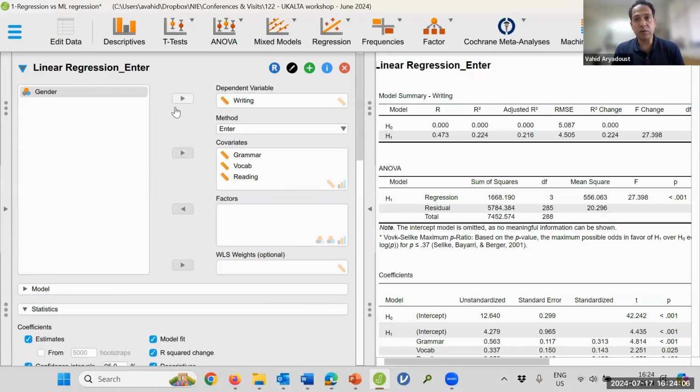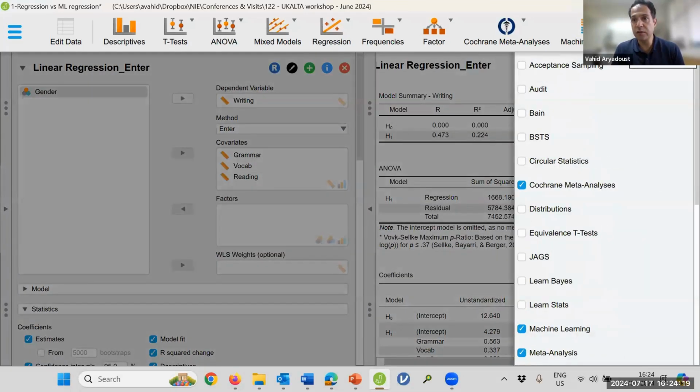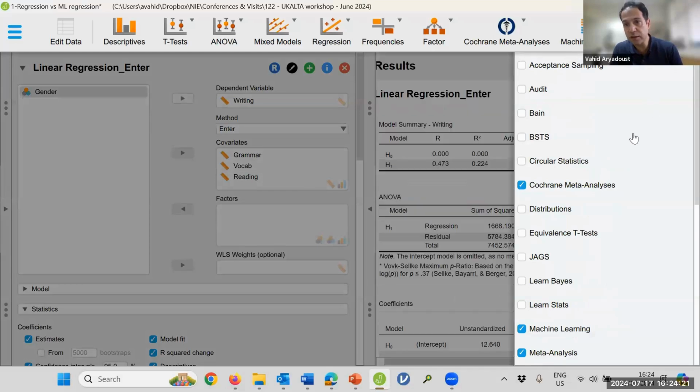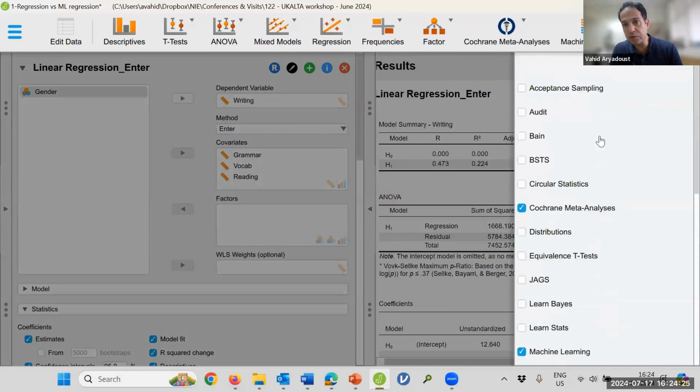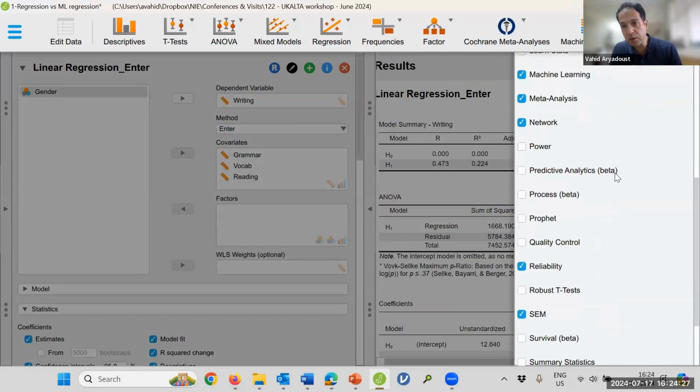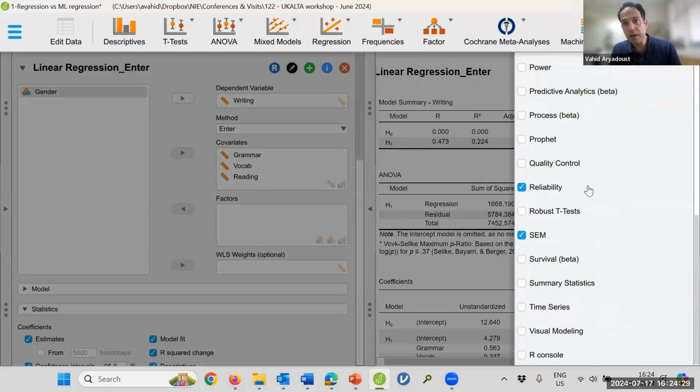Okay, how do we do this? You have to install, if you haven't done so, regression on the upper toolbar by clicking on this plus sign. And if you cannot see regression there, you have to just find it somewhere.